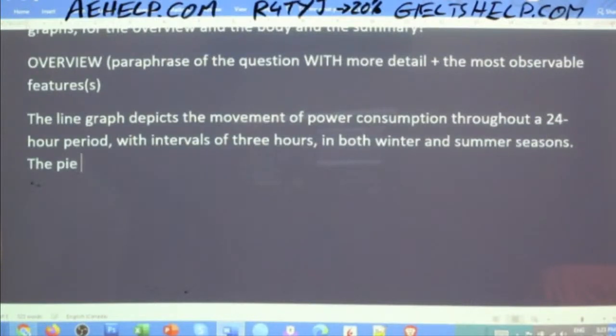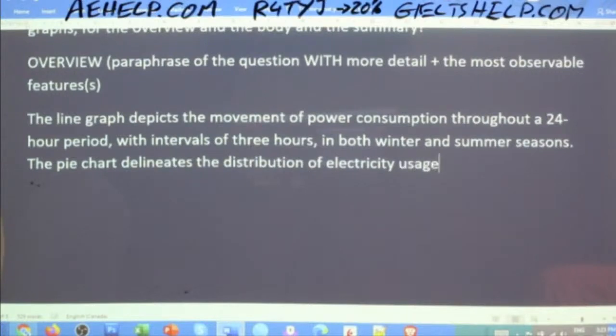The pie chart delineates the distribution of electricity usage in winter into 4 specified categories.